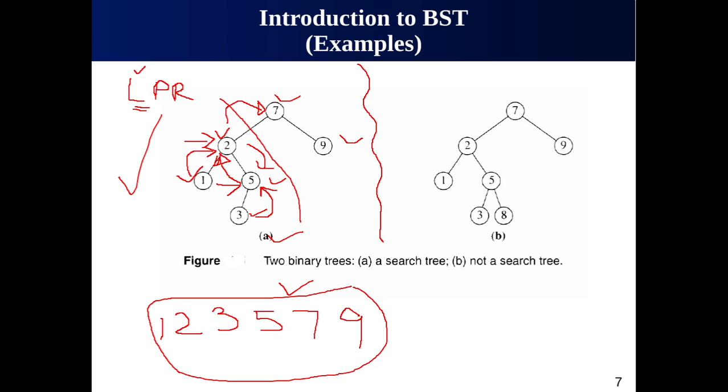And one more important thing is that this property also does not allow duplicate values. That is not possible. So in conclusion, binary search tree is an excellent data structure for storing data, especially if the data is in the form of a map, a key value pair, or it is in the form of a dictionary.